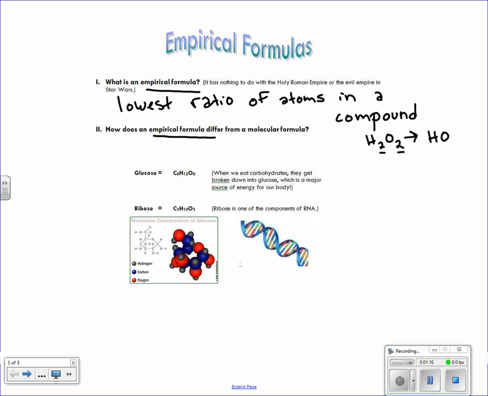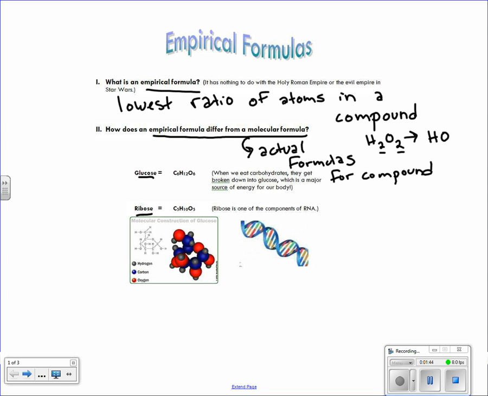Now let's look at this question down here. The molecular formula, how does the empirical formula differ from the molecular formula? Molecular formulas are the actual formulas for the compound. And as an example, we give you two sugars here, glucose and ribose.